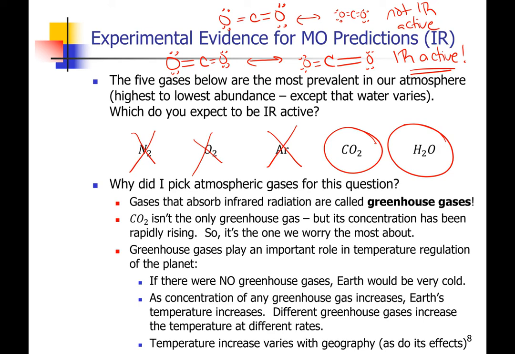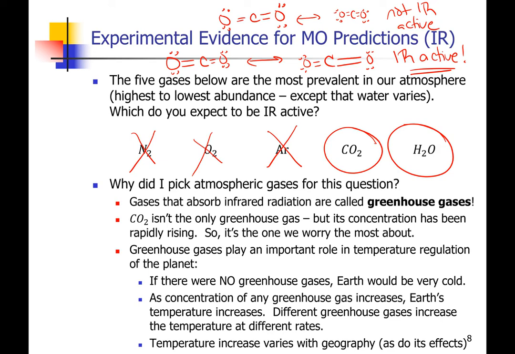Now, greenhouse gases in and of themselves are actually really important to the planet's climate. If we didn't have any greenhouse gases at all, Earth would be bloody cold. So they play a role in moderating the Earth's temperature, in keeping some heat on the planet.